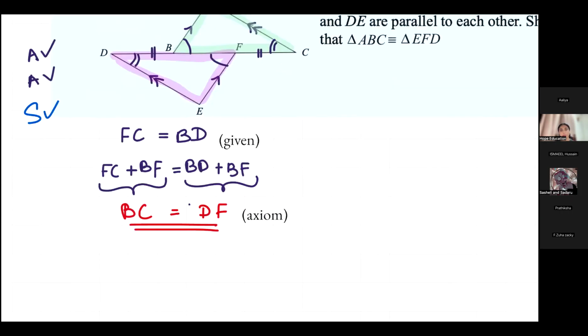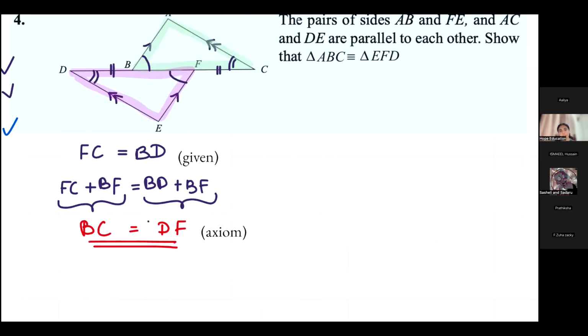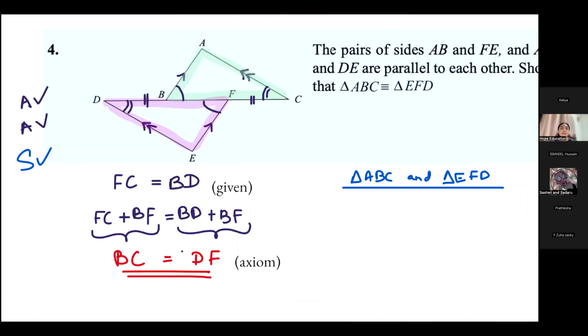So I will write the topic. A, B, C, and E, F, D. ABC is the green triangle, EFD is the pink triangle. In ABC, angle ABC equals angle DFE here. Let's write that.